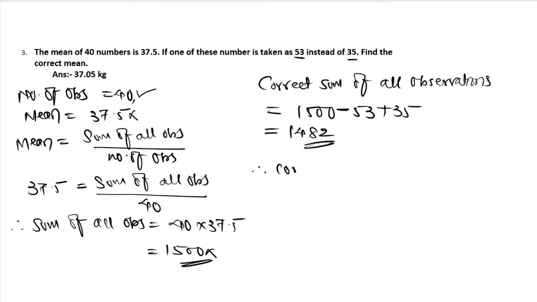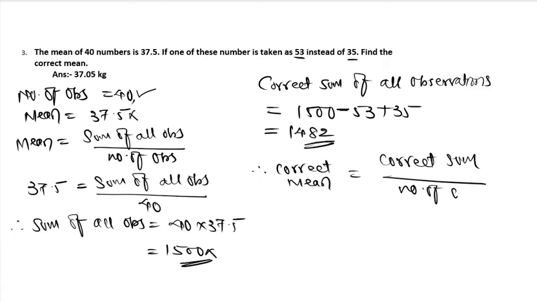Therefore, what will be the correct mean? The correct mean would be correct sum of all observations upon number of observations. So correct mean is equal to correct sum, 1482, divided by 40.